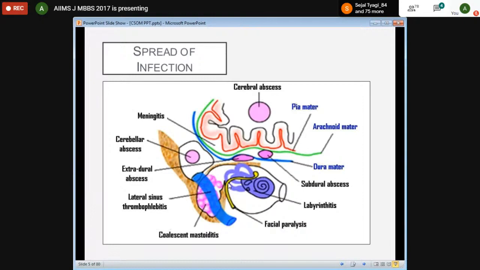If the nerve is involved, facial paralysis. If the labyrinth is involved, labyrinthitis. And this is the cerebellum, cerebellar abscess. This is brain abscess. As we all know, the meninges have three layers: pia mater, arachnoid mater, and dura mater. If the abscess is outside the dura mater, it is known as extradural abscess, and if it is inside the dura mater, it is known as subdural abscess. We'll discuss these complications one by one.